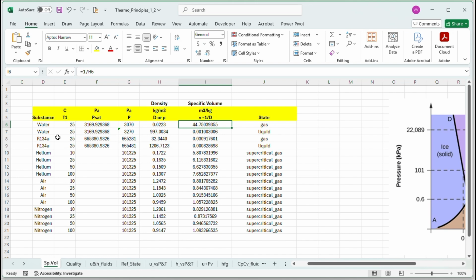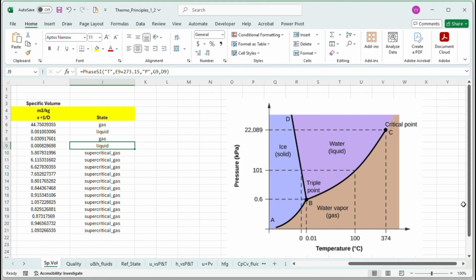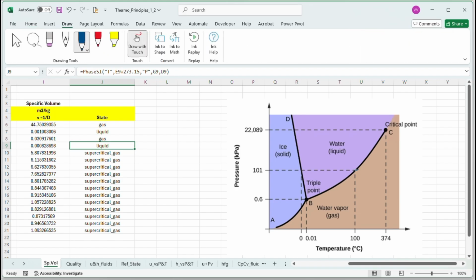Now I have done this for single phase substances like air and nitrogen, and I've also done it for substances like water for both gas and liquid phases. So how did I do that? In the case of a two-phase substance like water or a refrigerant, you find the saturation curve, right?